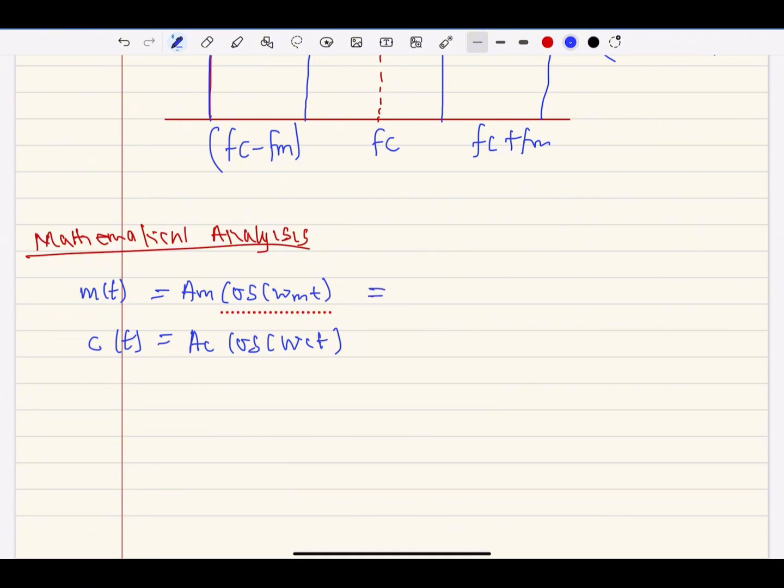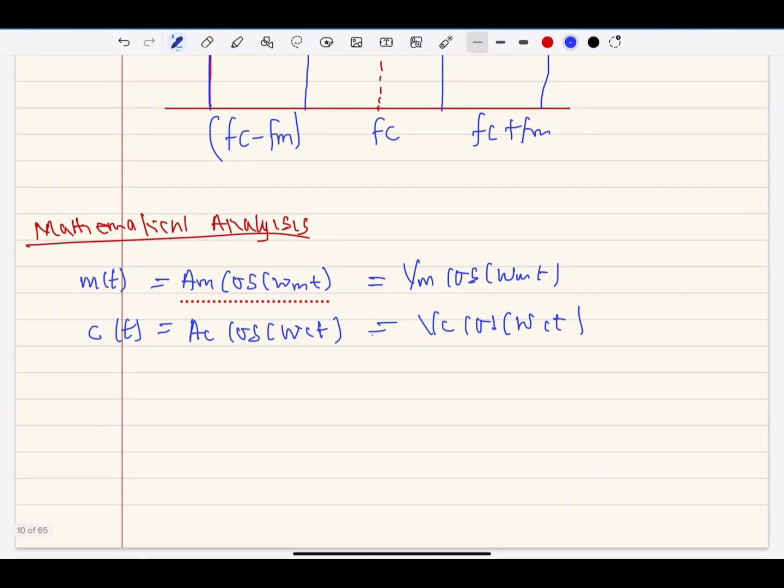Someone can choose to represent it as Vm cos omega mt, and then also represent it as Vc cos omega ct. They are all the same. In some books, you will see them represented like this, and in some books, like this.